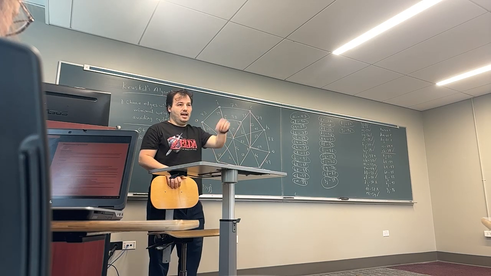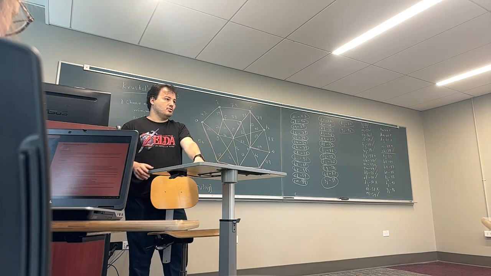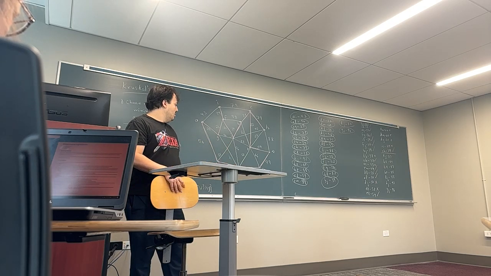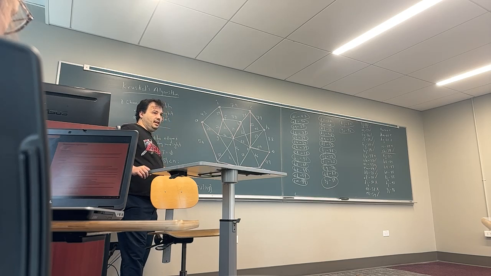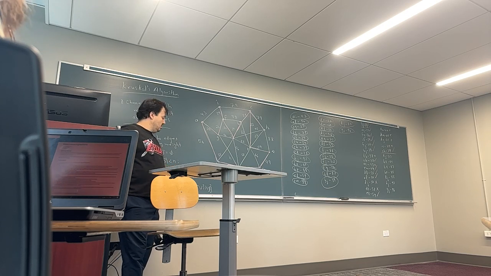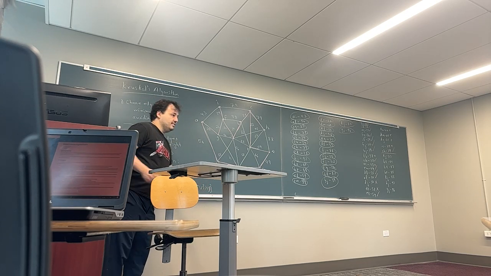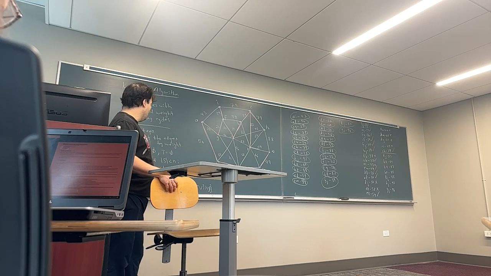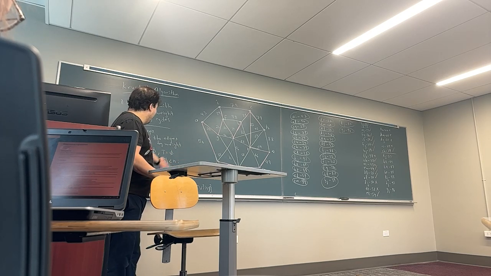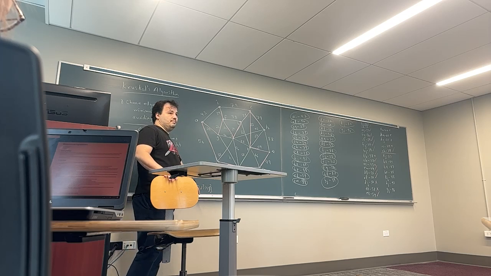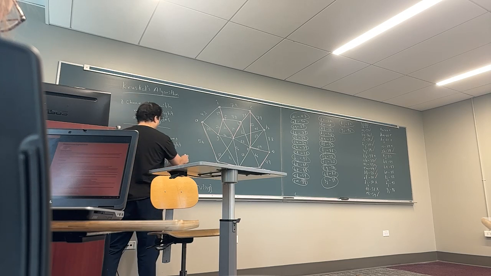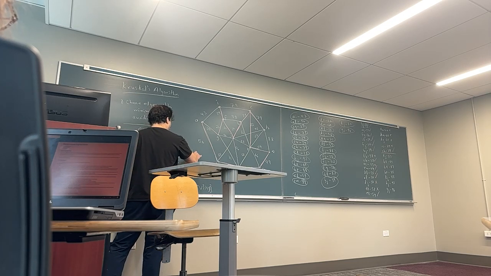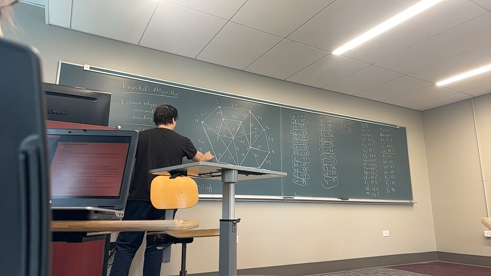So each time you're adding an edge, either you added 1 vertex or 2, depending on whether X and Y are in S. Maybe both of them are not in S. And this edge is definitely not in the tree. So you just keep building this, and then the output at the end is a tree, right? So you're checking, this N is the number of vertices in the graph.